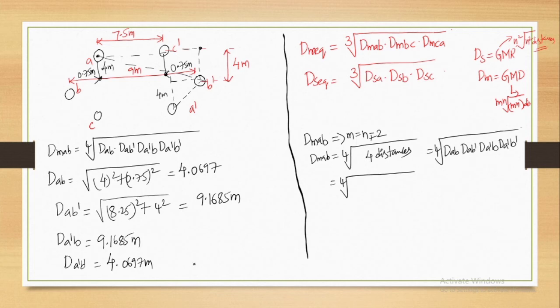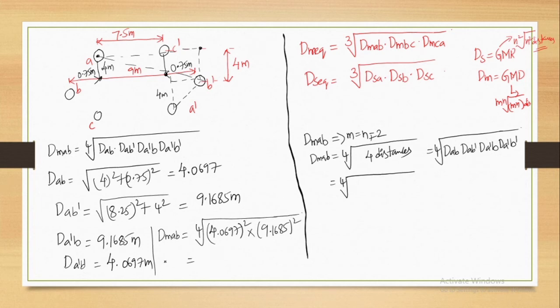Substituting all these four distances here, you will get DMAB is equal to the fourth root of 4.0697, and this distance is also the same, so it is squared, into 9.1685 whole square.